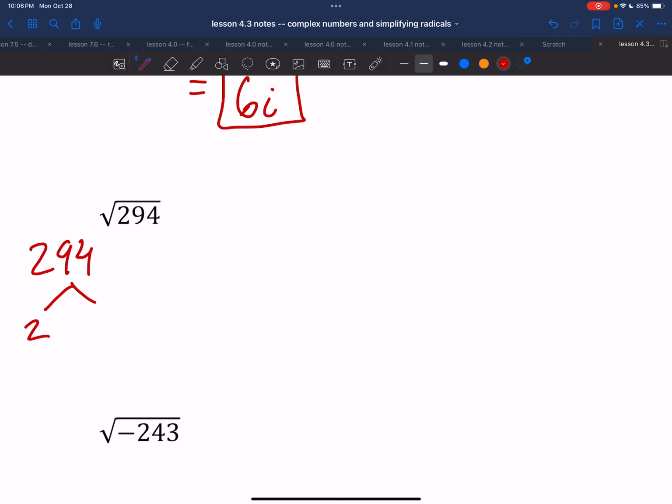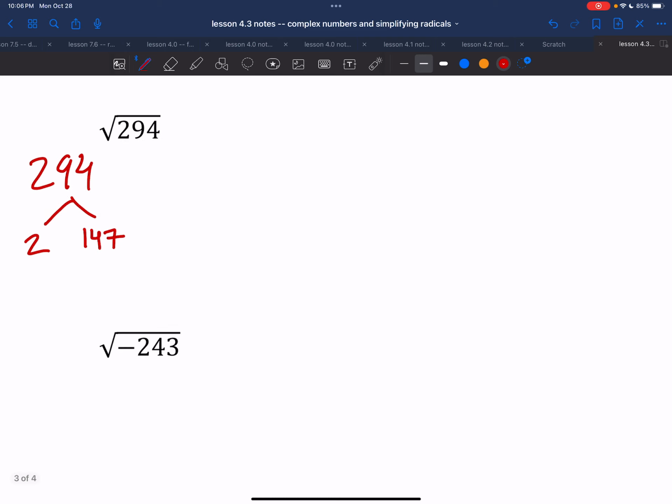So we'll divide it by 2 and get 147. Okay, 147, that's a 14, so that looks like it's divisible by 7. 7 goes into 147 21 times, and 21 is 7 times 3.